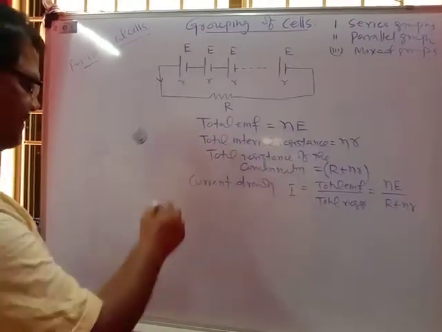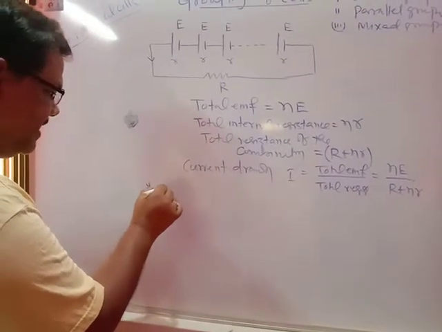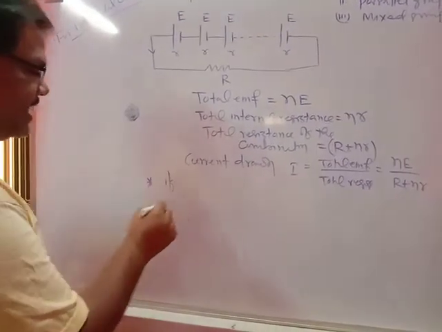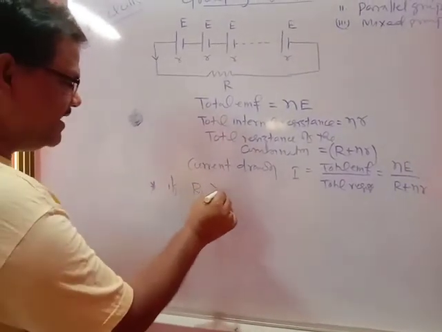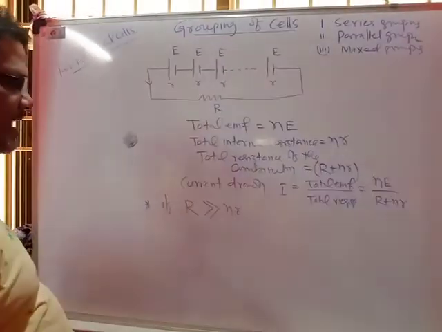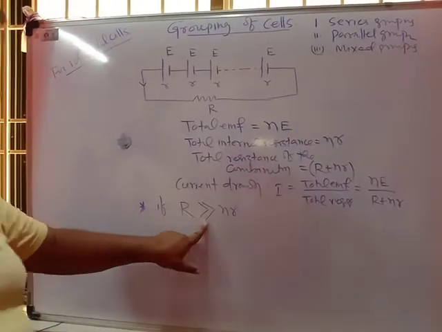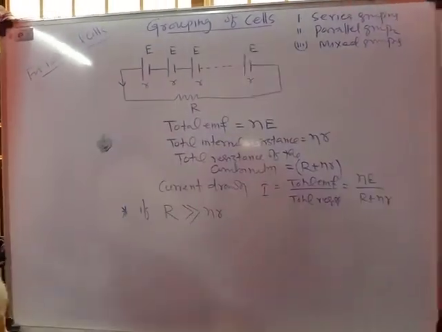Case number 1: if the load resistance, capital R, is very much greater than the total internal resistance Nr, then Nr can be neglected.